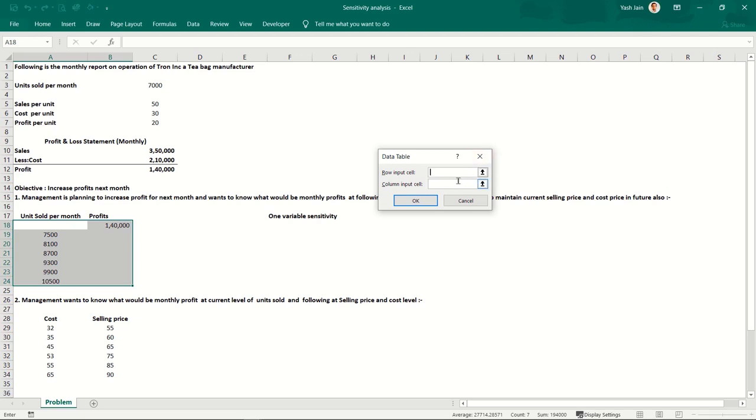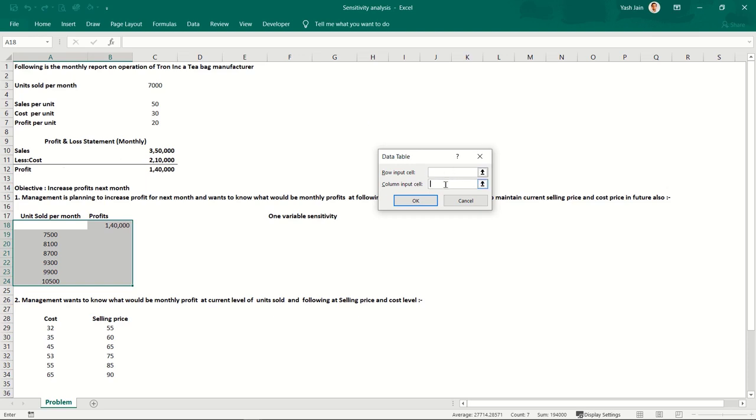Now it is asking me in which row or column my variable is. In this case, my variable is given in column A. All the variables are given in column A, and no variable is given in rows 18, 19, 20. So for row input, I don't have to do anything.